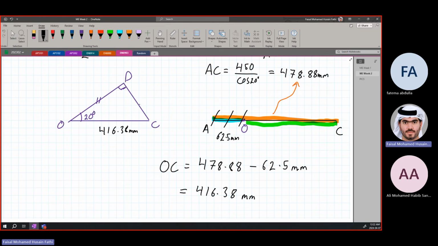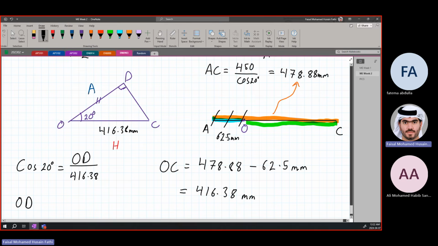Since OD is the perpendicular distance, 416.38 is the hypotenuse in this triangle, and OD is the adjacent. So again, we will use SOHCAHTOA: cosine 20 degrees is equal to adjacent over hypotenuse. The adjacent is OD, over the hypotenuse, which is 416.38.